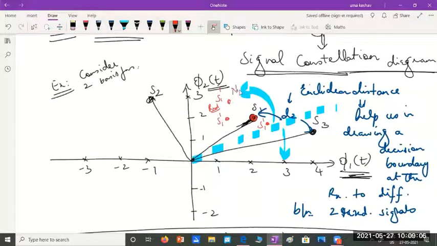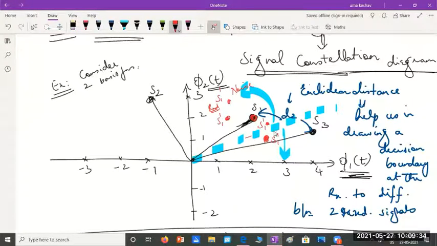And because of noise being added to this signal at the channel, this point can be shifted either here, here, here, anywhere. Now say for example, if the point is here and it is below this decision boundary, you have drawn a decision boundary between S1 and S3 and you see the received S1 dash has come below the decision boundary. So what will the receiver think?